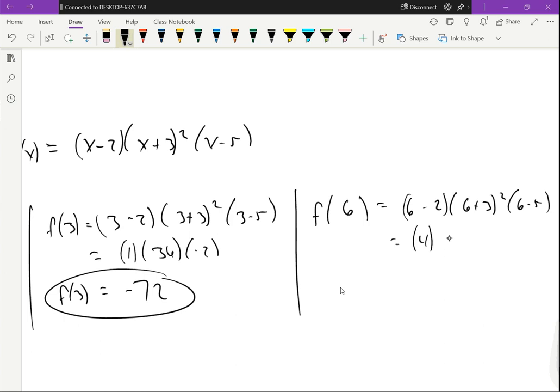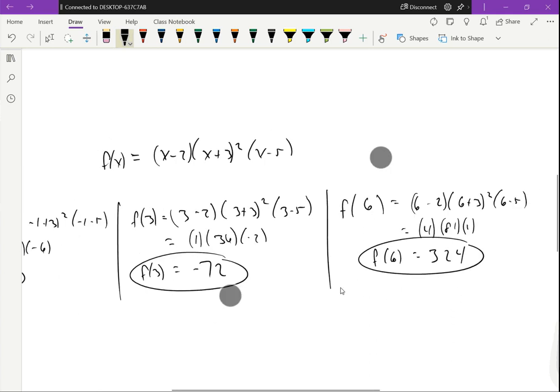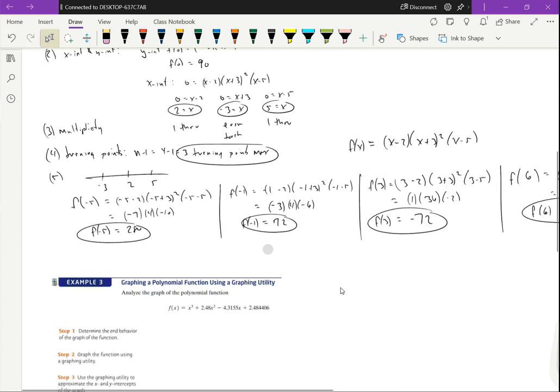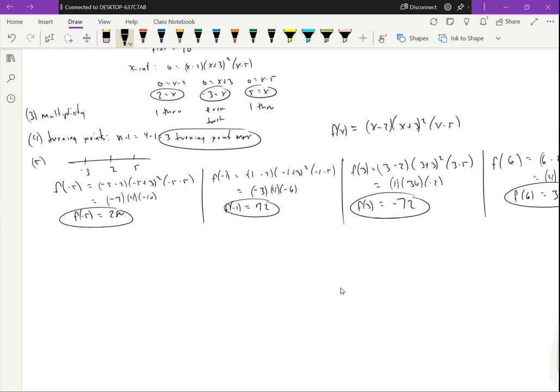So we've got 4 multiplied by 9 squared, which is 81, and then multiplied by 1. So that's going to be 324. And again, you can check these in the calculator. Anytime we're doing these, pause the video, take a look at what the different components are, and then come back after you've unpaused it.